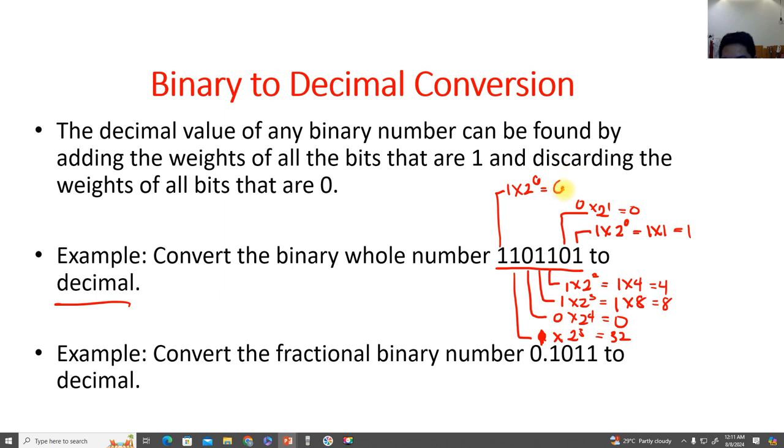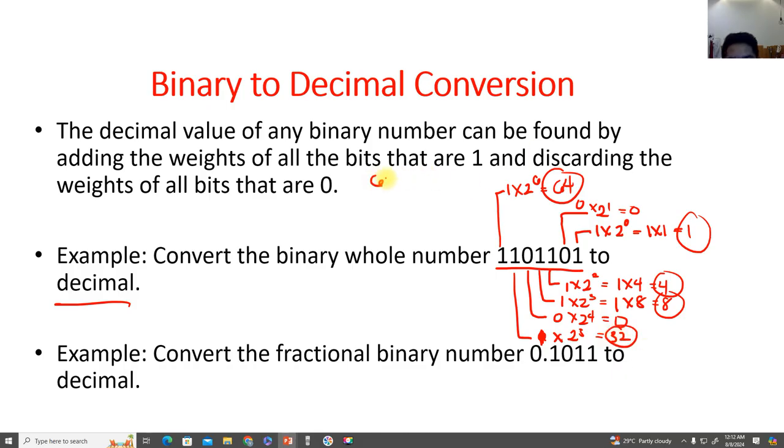Which is 64. So you have to add all of the values other than 0. So you have 64 plus 1, we have 65 plus 4, we have 69 plus 8, 77. So we also have 32.